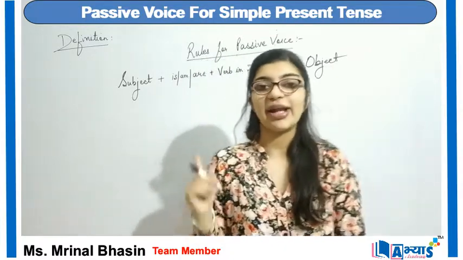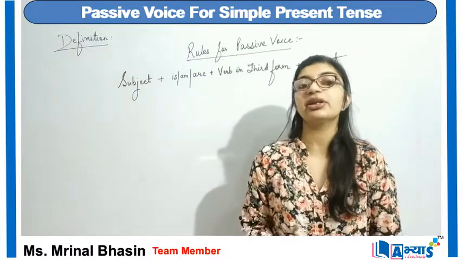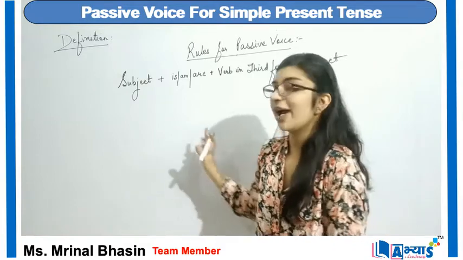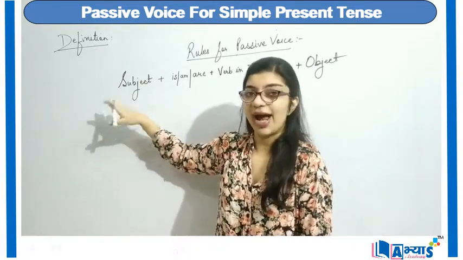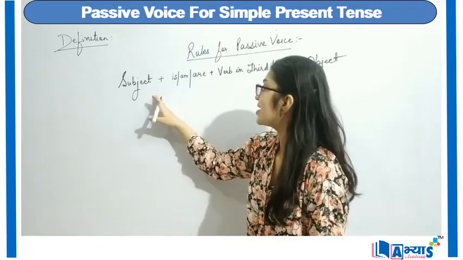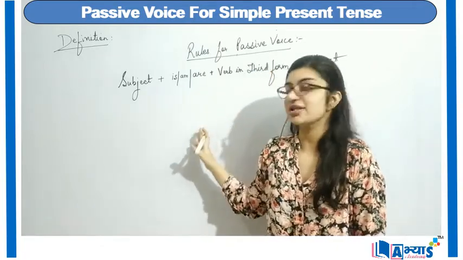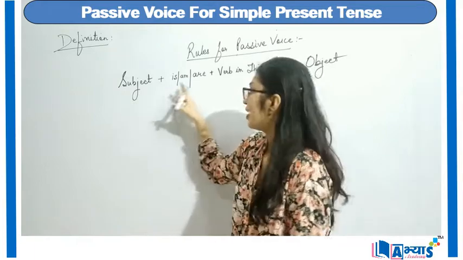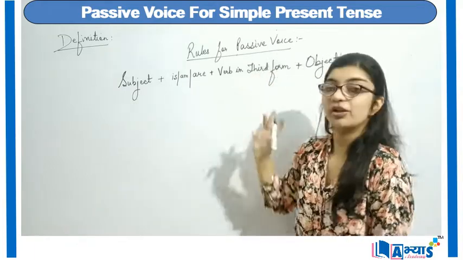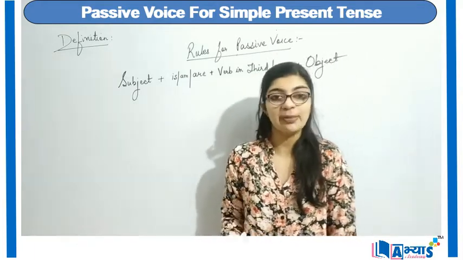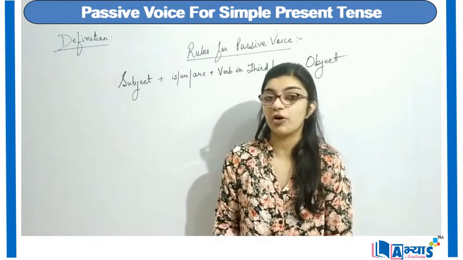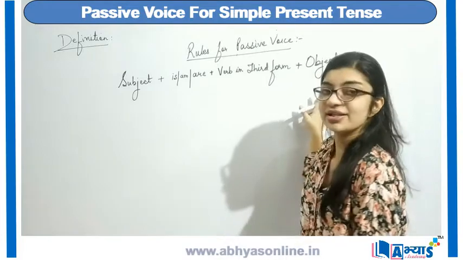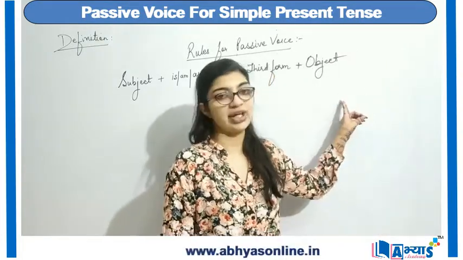So, if an active voice is to be converted into passive voice, then we have to make use of the subject at the beginning, followed by is, am, are. That depends upon the subject, right? Then it should be followed by the verb, but this time it should not be in present form, it should be in the third form, and then last it should be followed by the object.